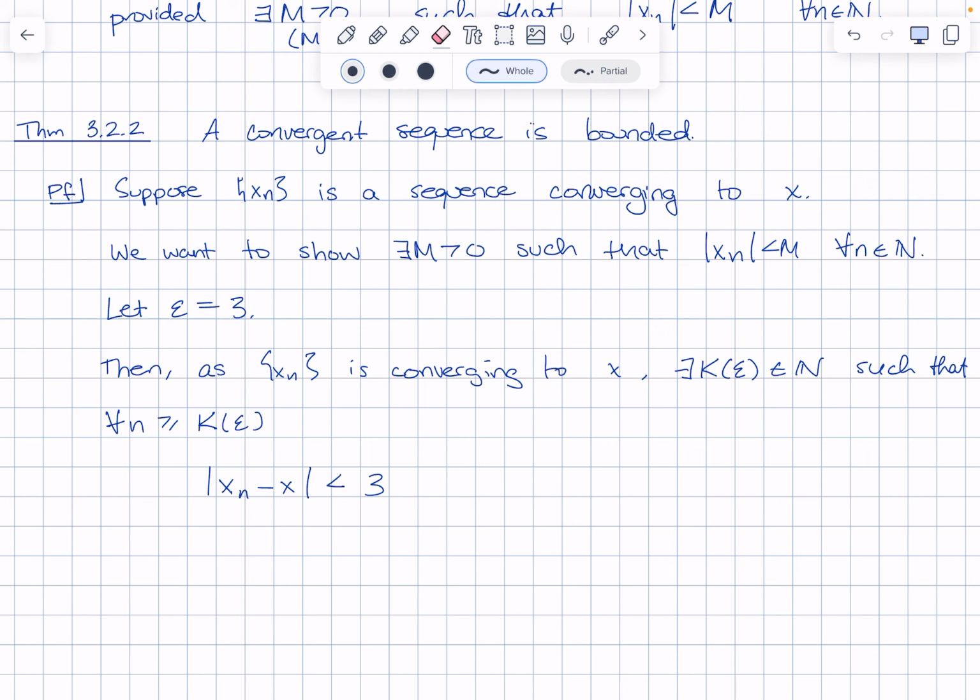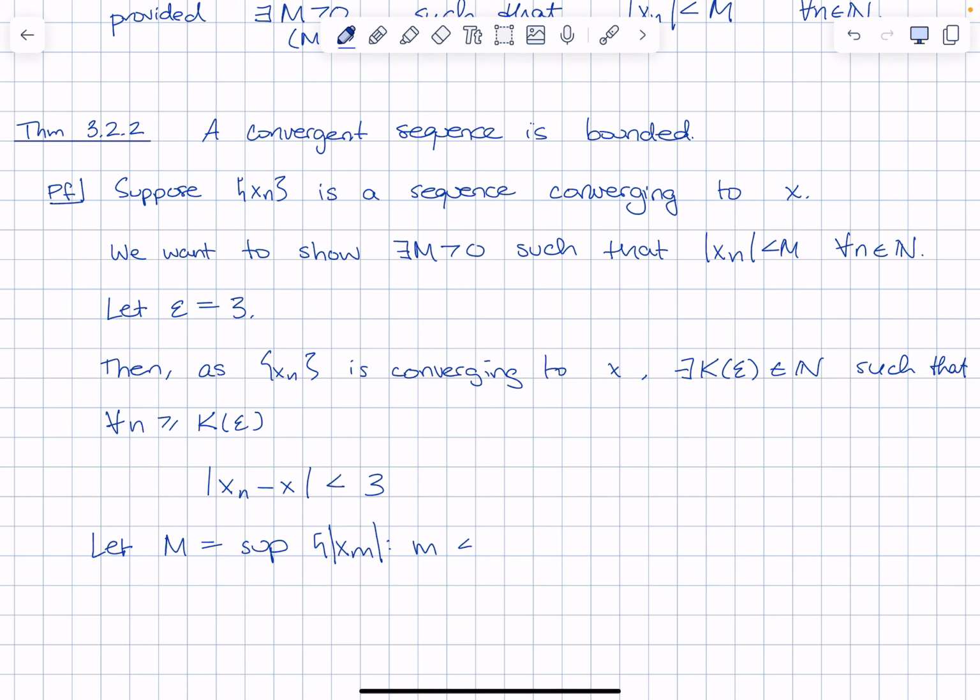So now, let's consider m equal the supremum of |xm|, the size of that, such that m is less than k epsilon.